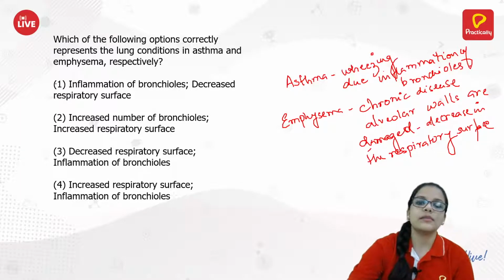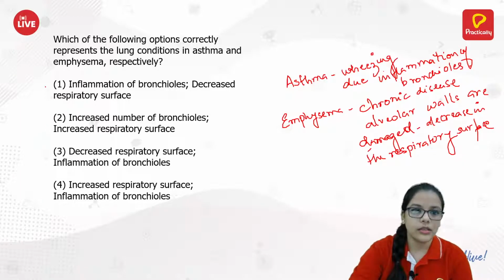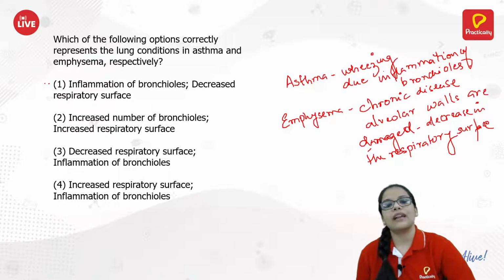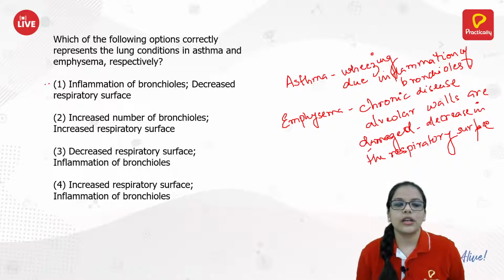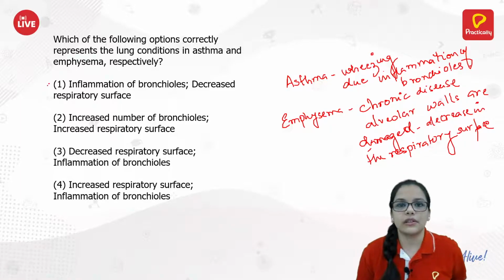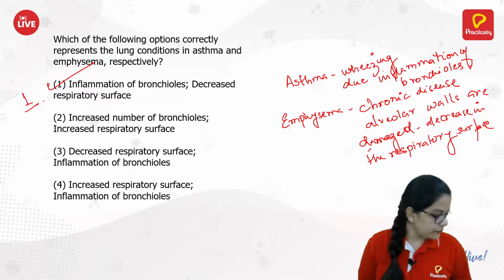So asthma is a wheezing condition caused due to the inflammation of the bronchioles. See option 1, inflammation of the bronchioles, and emphysema is a chronic disease where the alveolar walls are damaged and the respiratory surface decreases. So the answer is 1.